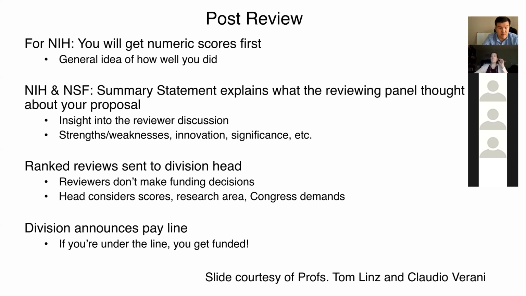And then the applications are ranked, and they're sent to the division heads, and then the division heads make the funding decision on which proposals are going to get funded or not.